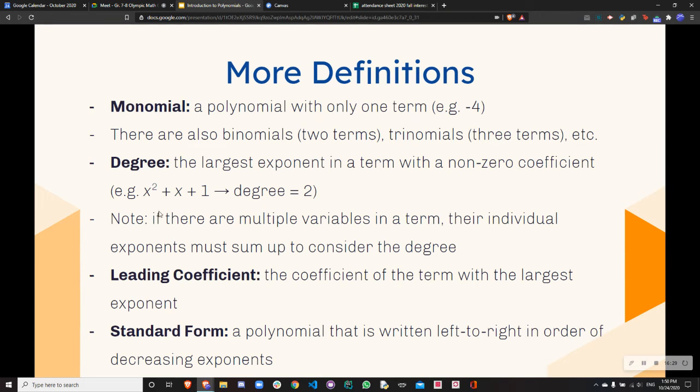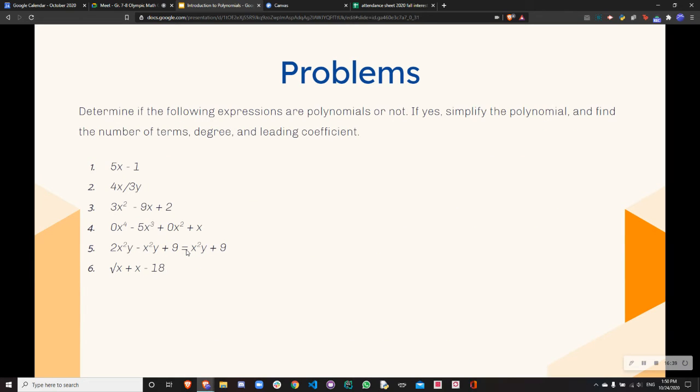So remember the note over here. If there are multiple variables in a term, then you have to add up their individual exponents to get the total exponent. So then what is the degree now? 3. Yeah. So x has an exponent of 2, y has an exponent of 1, and then you add 2 and 1 to get the total exponent or degree, which is 3.